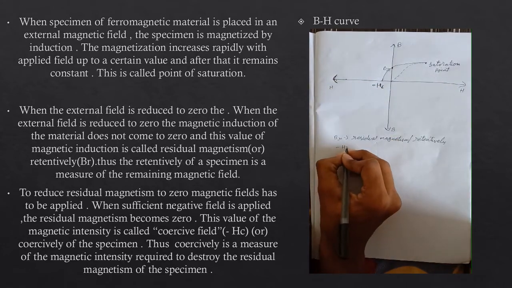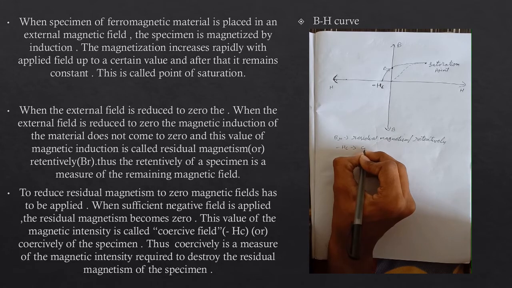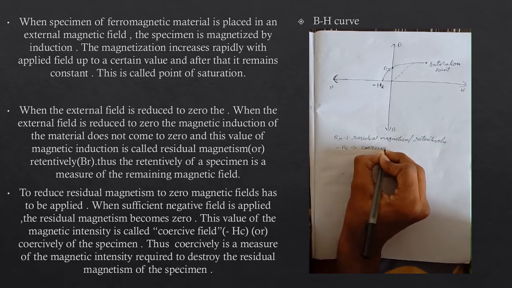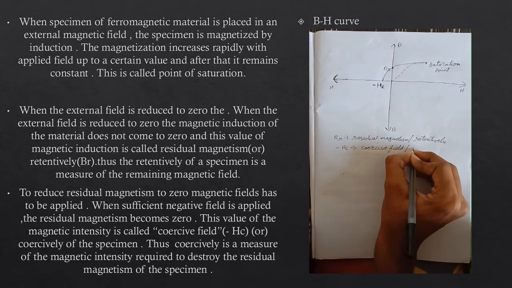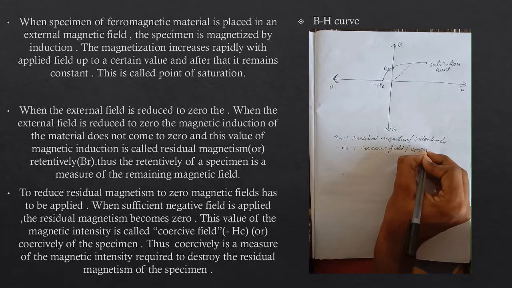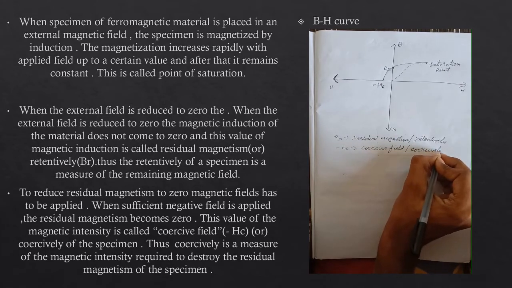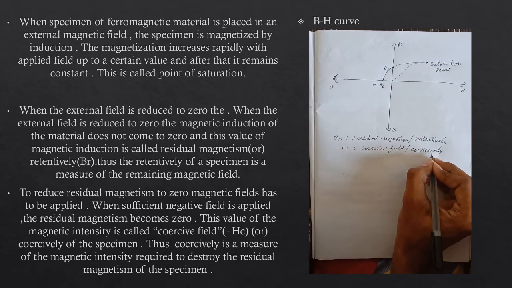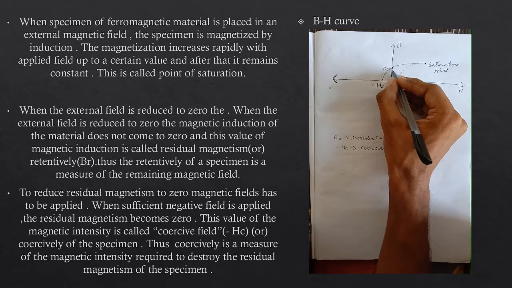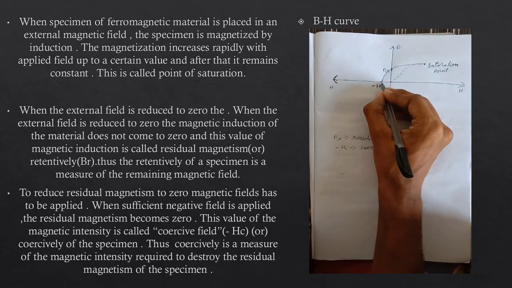Here minus Hc is called the coercive field or coercivity. The word coercivity means the amount of magnetic intensity required to destroy the residual magnetism to zero.